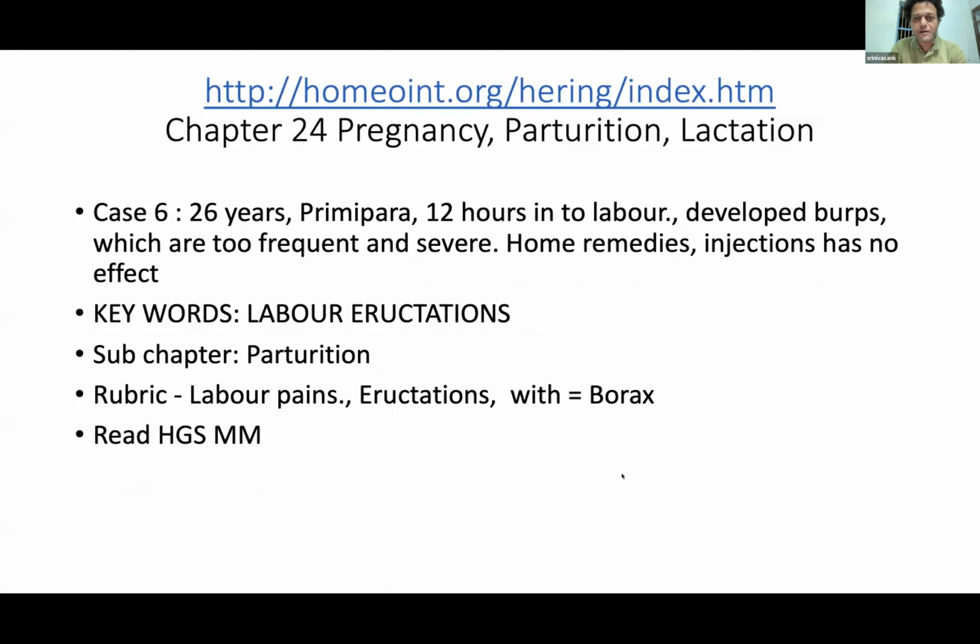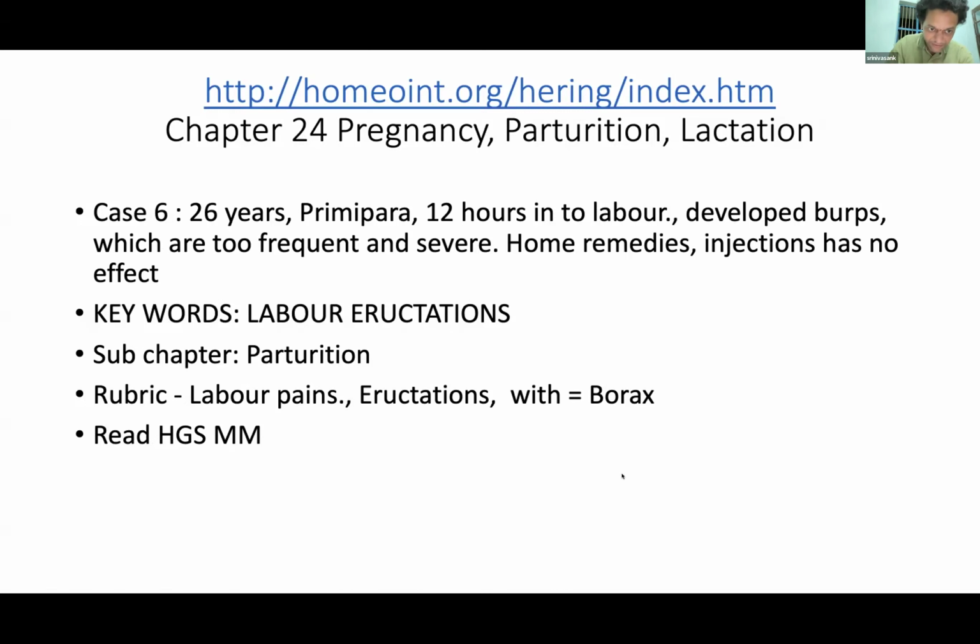26 years, primipara, 12 hours into labor, developed burps which are too frequent and severe. Home remedies did not help. Injections had no effect. So burps, eructation. What I'm converting here is, during labor, eructations.